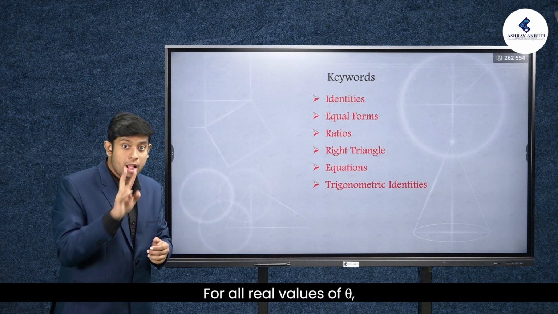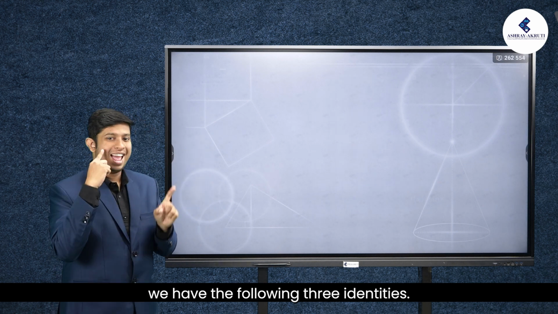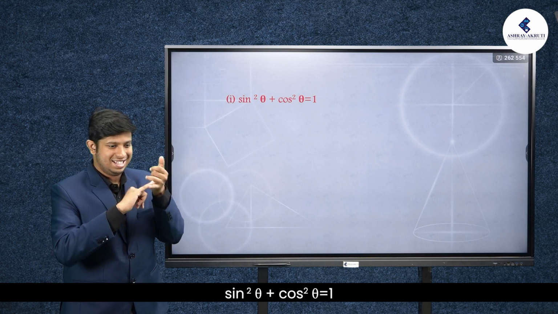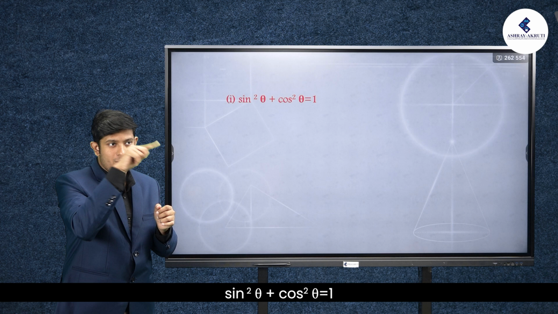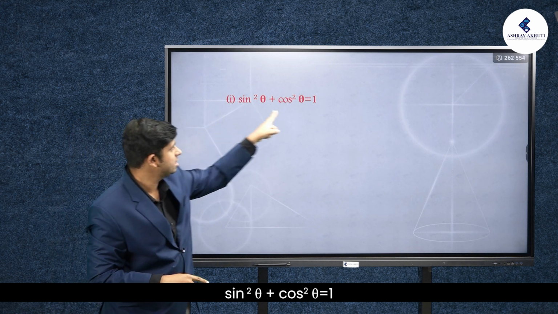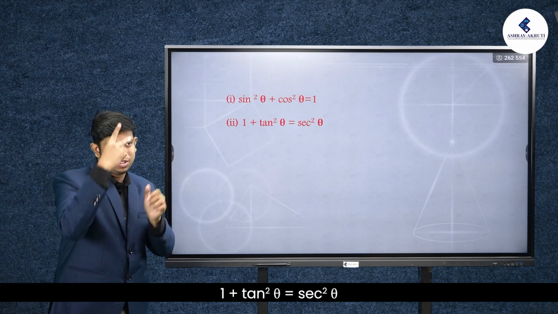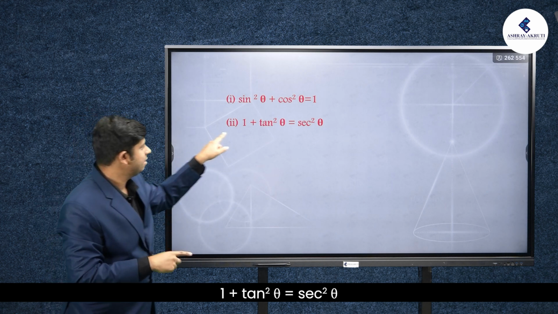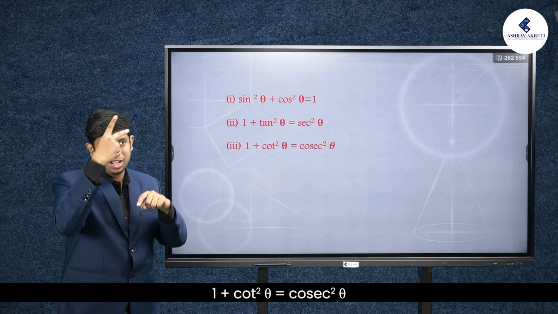For all real values of theta, we have the following three identities. Sin square theta plus cos square theta is equal to 1. 1 plus tan square theta is equal to secant square theta. 1 plus cot square theta is equal to cosecant square theta.